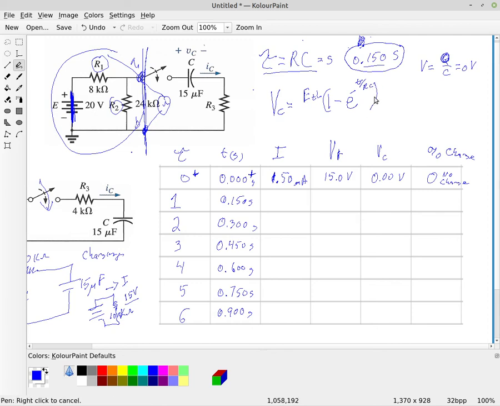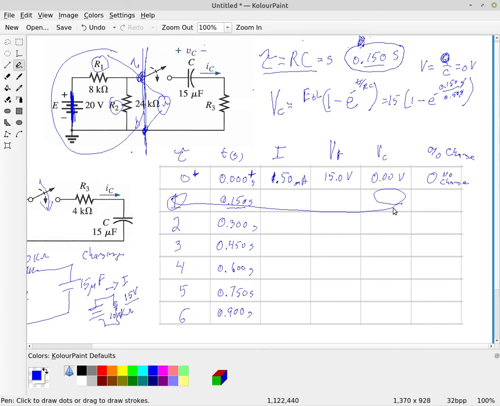So for the first time constant, the time is 0.15. So that is 15 volts times 1 minus e to the minus 0.150 seconds divided by 0.150 seconds. The seconds cancel.